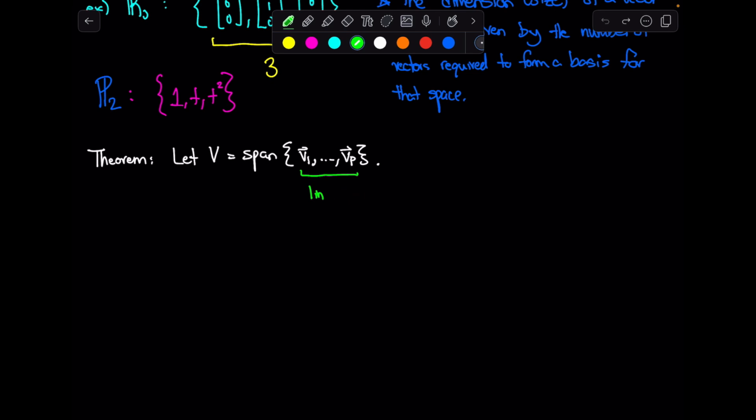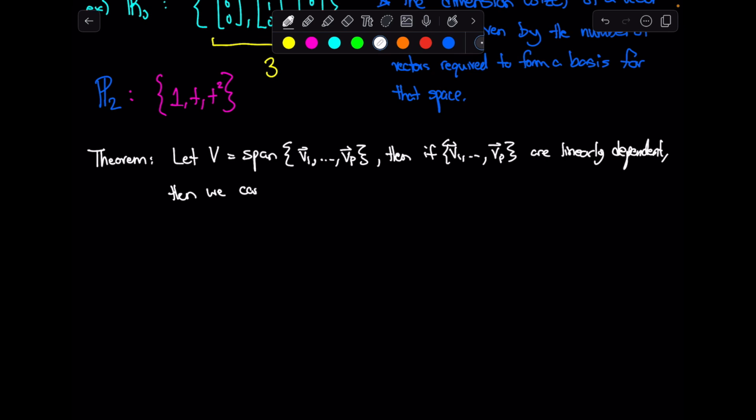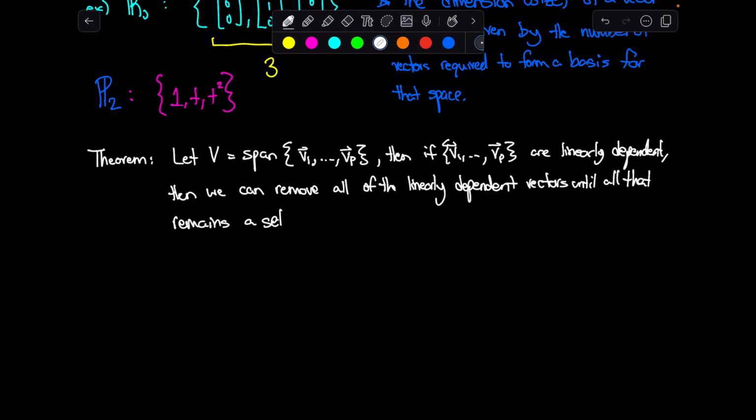What the theorem says loosely, and you can read the really technical written out version in the textbook, is that if we have a set of vectors that spans a vector space V, and this collection of vectors v1 to v sub p is linearly dependent, then we can remove all the linearly dependent vectors until all that remains is a set of linearly independent vectors.